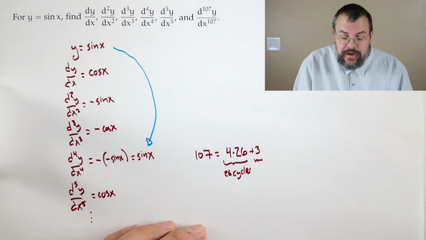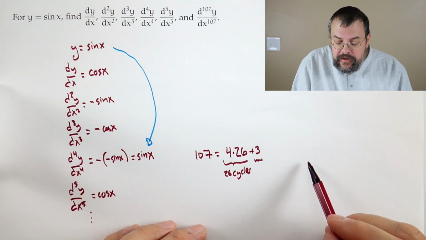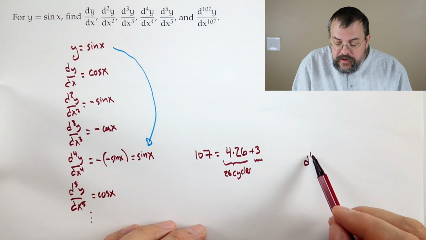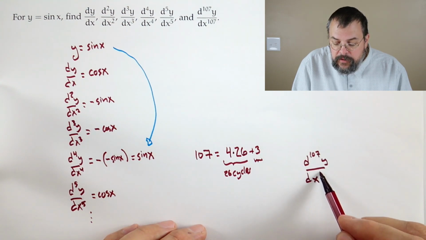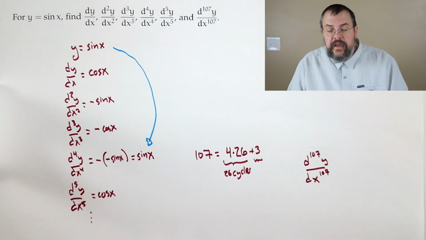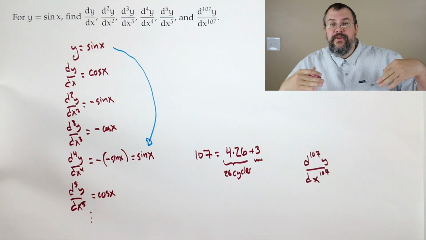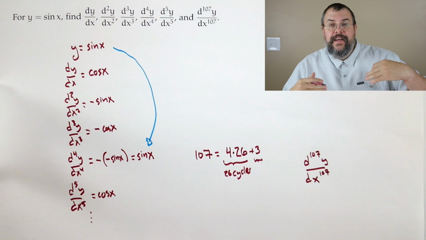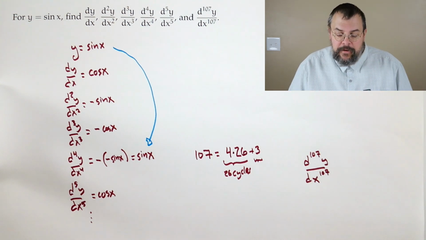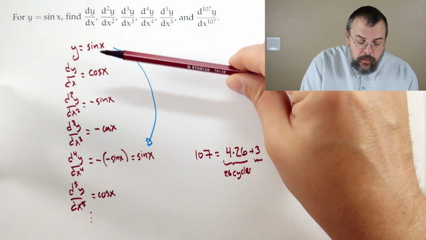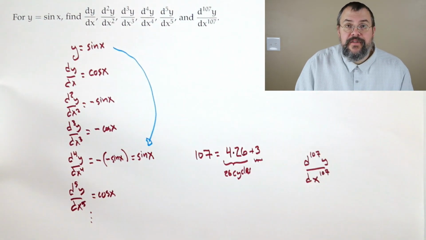Okay, so what does that tell us? Well, it tells us if I want to know what the 107th derivative is, all I need to figure out, and this is true in general, is: how many times did I go through steps of 4? And then after I've done that, how many more steps did I take? Well, the answer is I took 1, 2, 3 more steps.